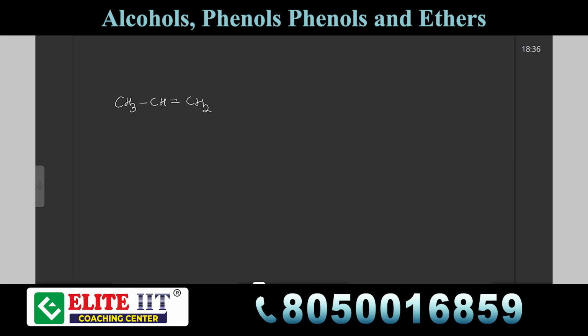What is the charge on mercury, +1 or +2? +2. So what will be the formula for mercuric acetate? It will be (CH3COO)2 Hg. So now I will subject this to mercuration.